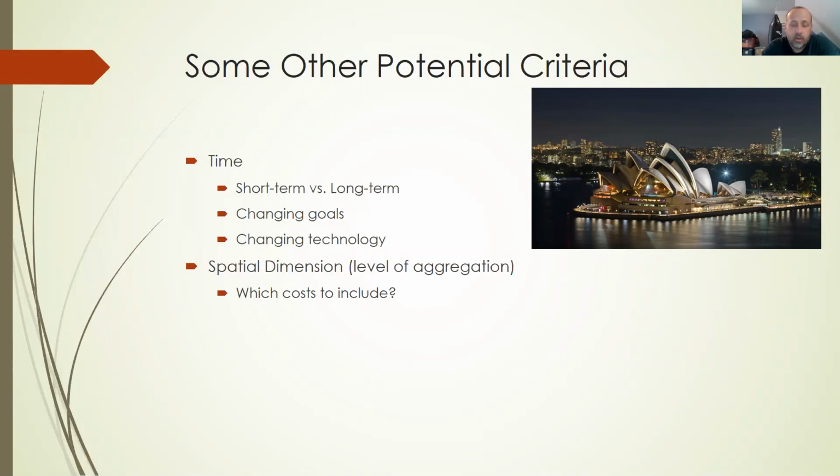Other things, like which costs do we include? Which benefits do we include? Are we going to include the benefits to Oregonians from the California policy? There's also a general preference in U.S. policy to have policy made as locally as possible.